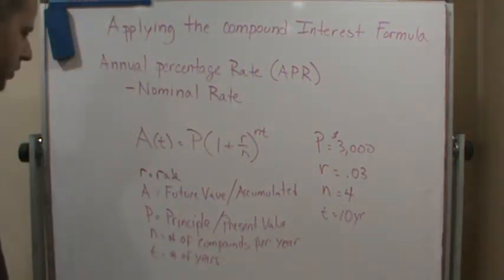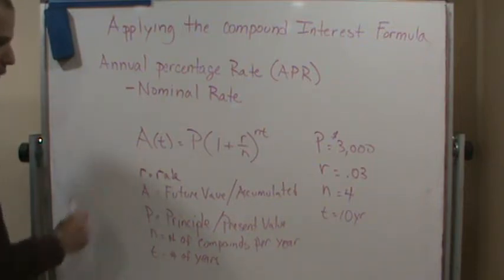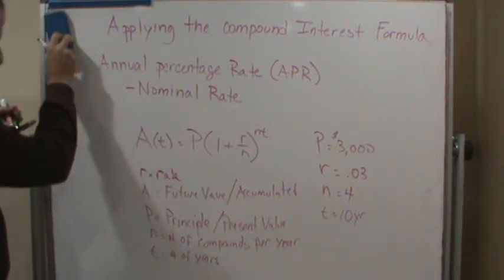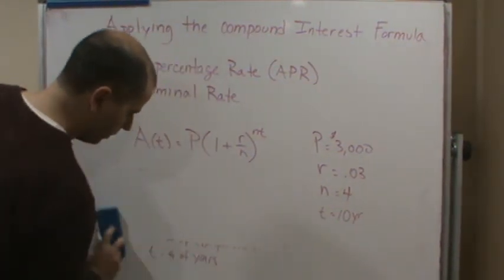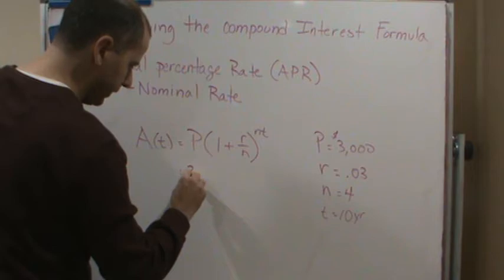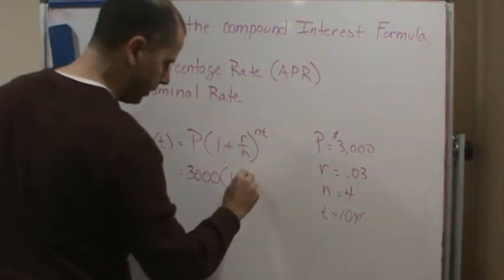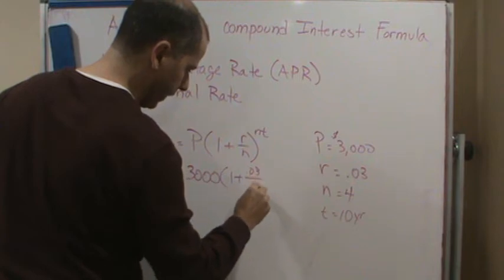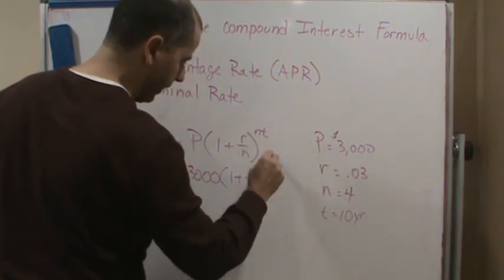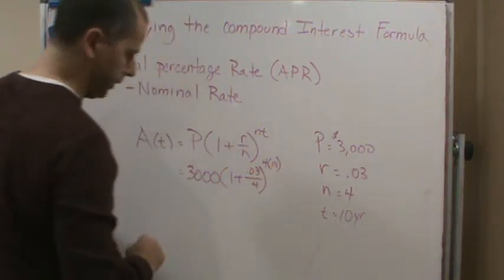And now the question is, how much money will we have? What's the future value after 10 years? So let's plug and chug. We're going to put everything in. So it's 3,000 times 1 plus R, which is 0.03 divided by 4, and the exponent is going to be 4 times 10, or 40.